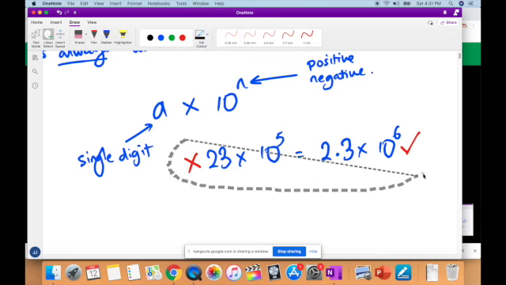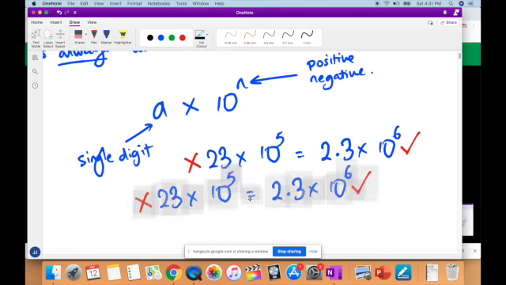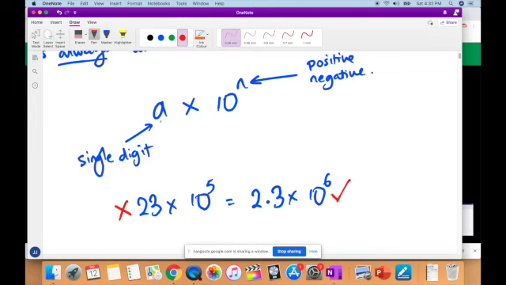So the point is that this number A has to be less than 10 and it has to be greater than 0.